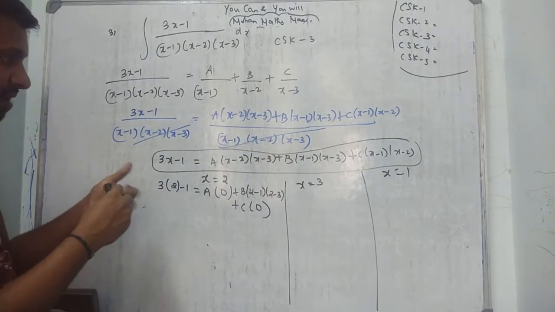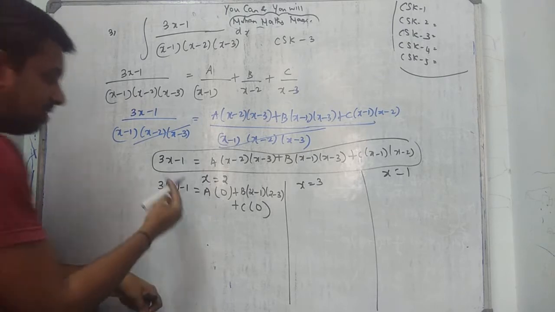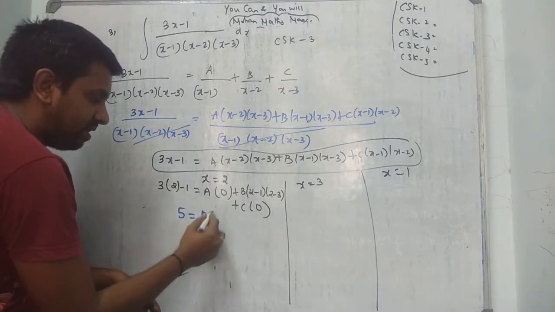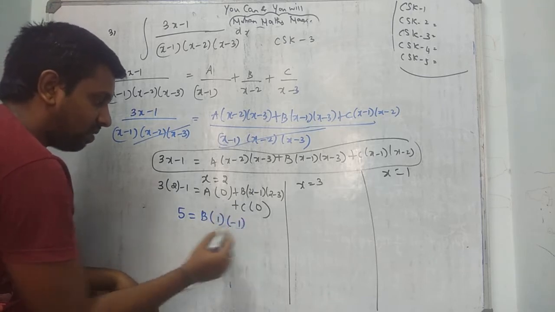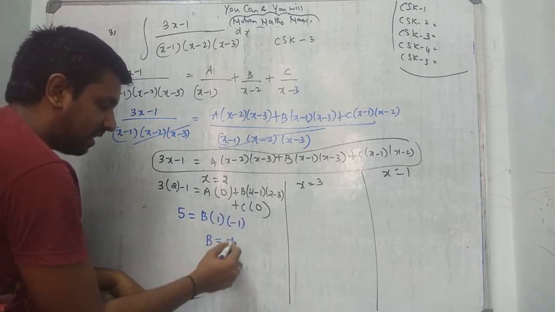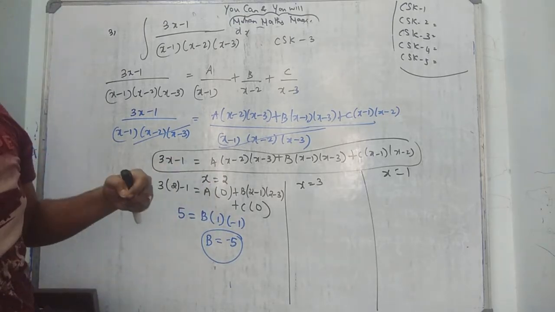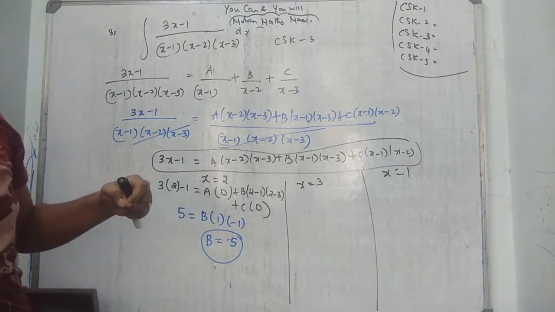Finally I got the B value. 6 minus 1, 5 equals B into 1 into minus 1, so I got the B value is negative 5.